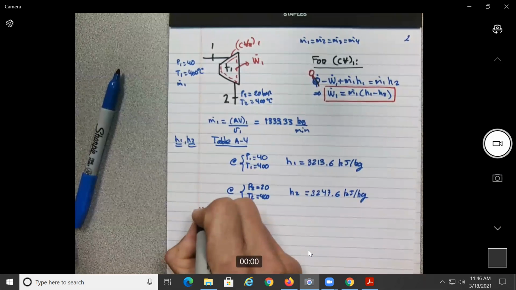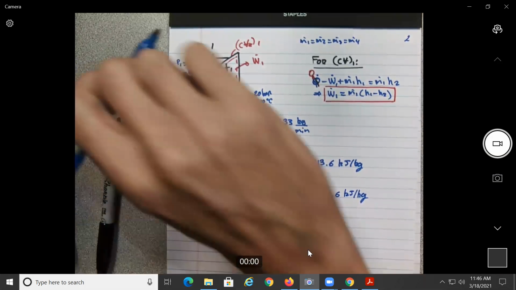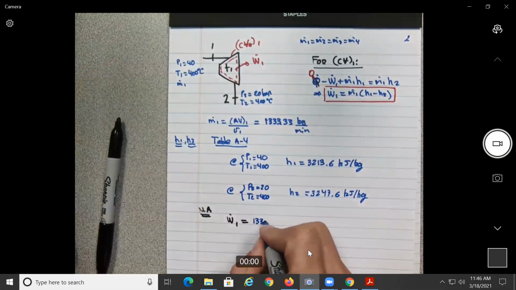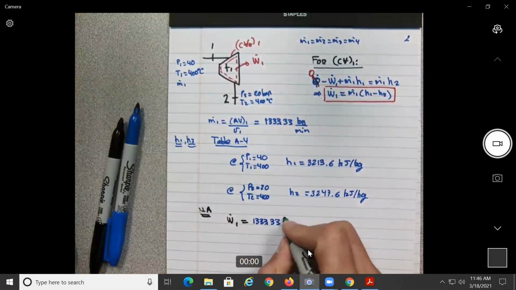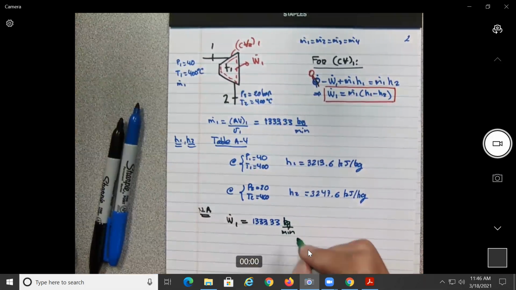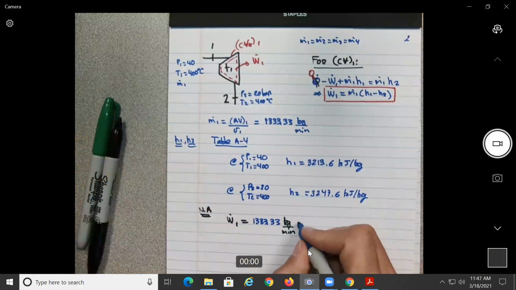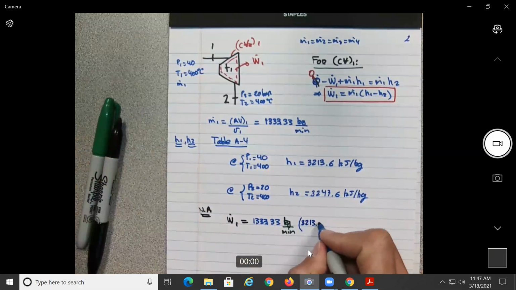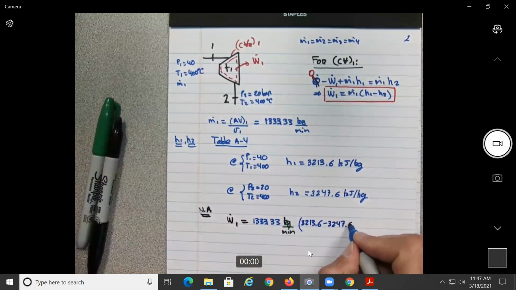So numerical application, power of the first turbine will be equal to what? 1,333.33 kilograms per minute. Times, we're going to have to do some units transformation. I'm guessing times H1 is 3,213.6 minus 3,247.6.